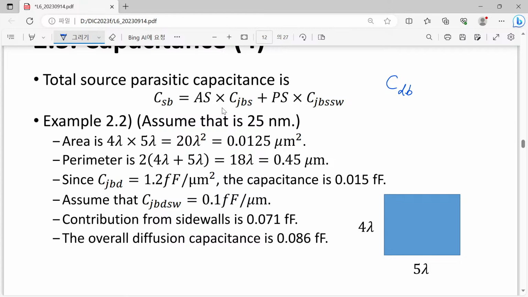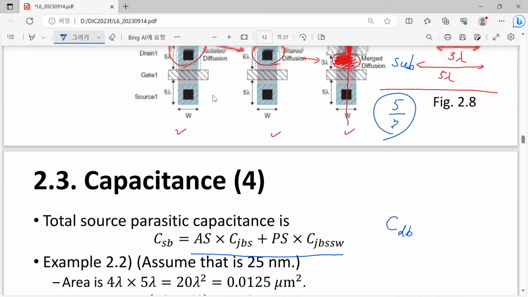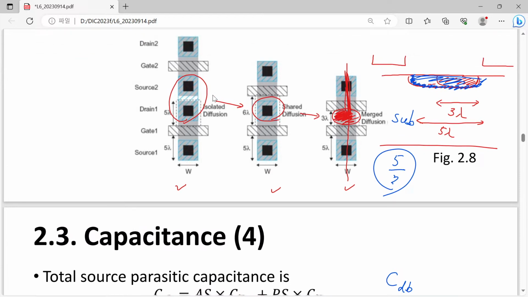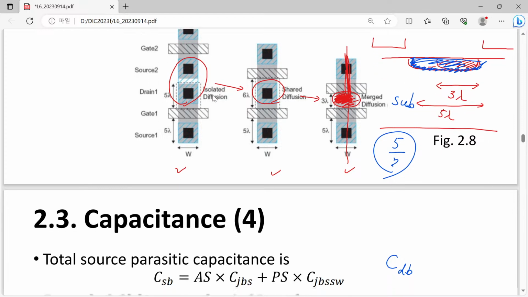And this is corresponding to this simple formula. This simple formula means that in previous discussion I told you that if we make a wider structure, then we will have more or higher capacitance.